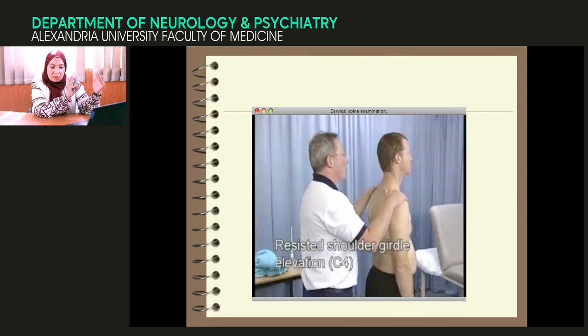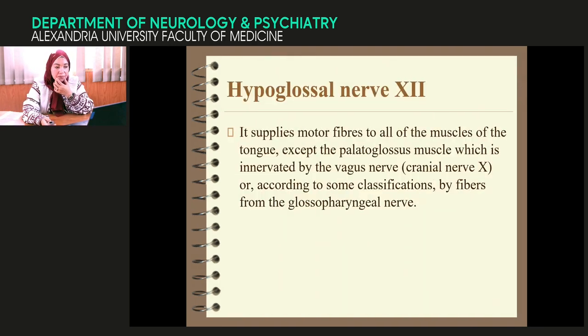And as we said, for the sternomastoid, if I test the right, I ask him to look to the left, and if I try to palpate the left, I ask him to look to the right against resistance.